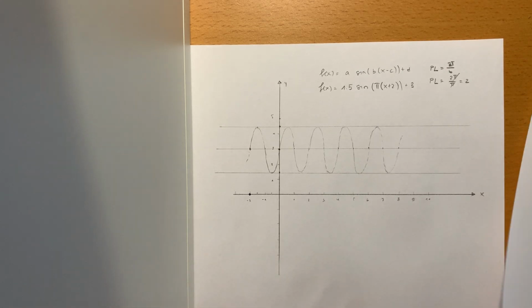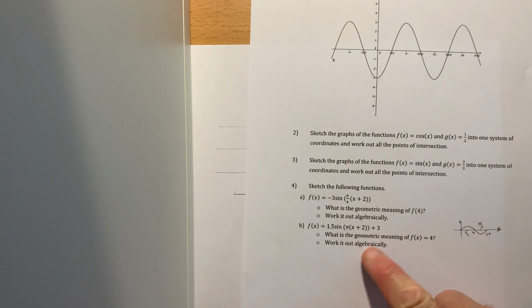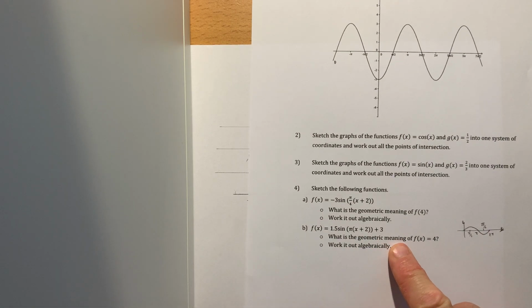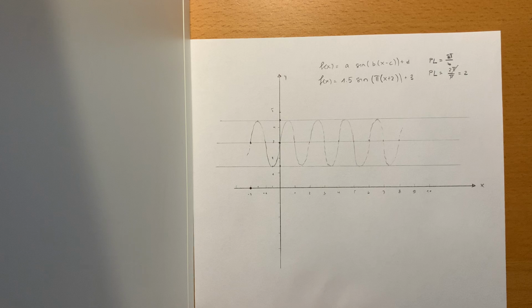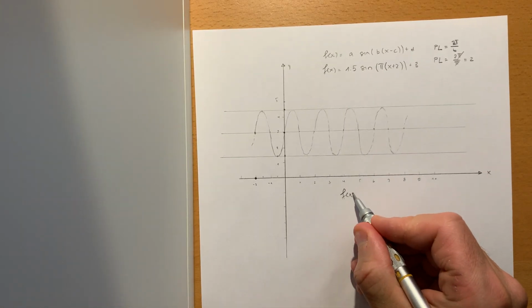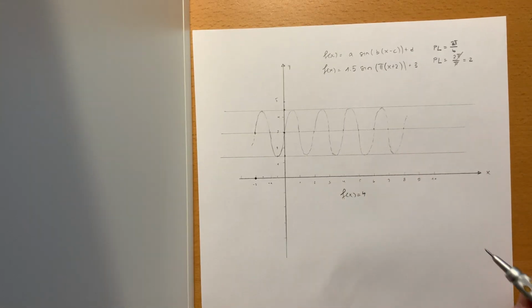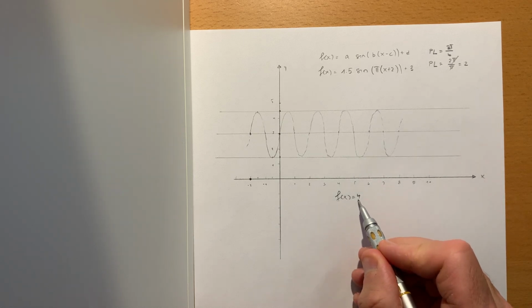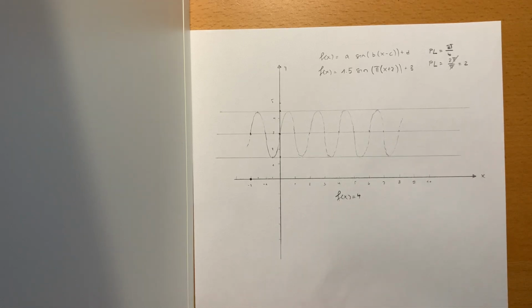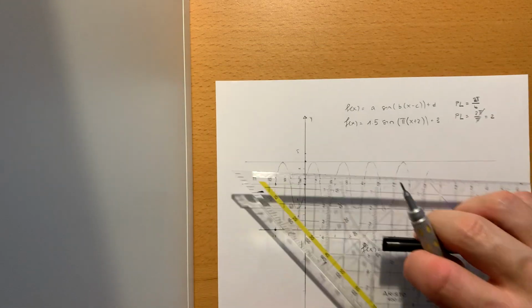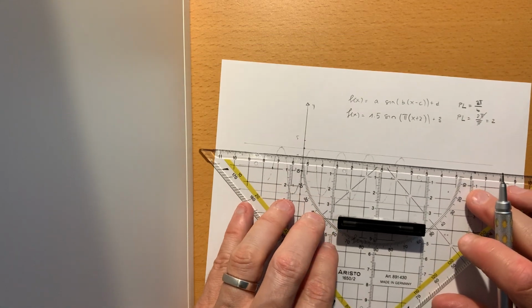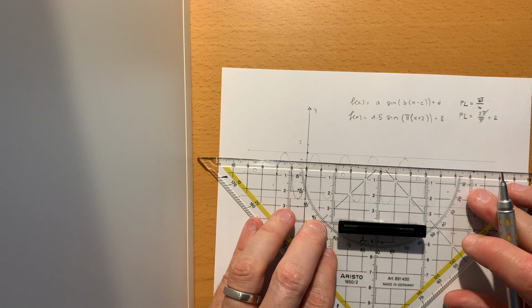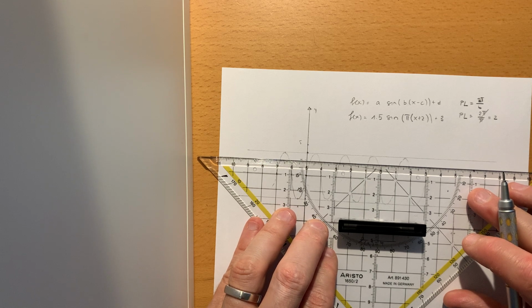Now look, this is the graph. Now, what is the geometric meaning of f of x is equal to 4? So that means for which x do we have 4 as a y value? Let's see. 4 as a y value is just a horizontal line.